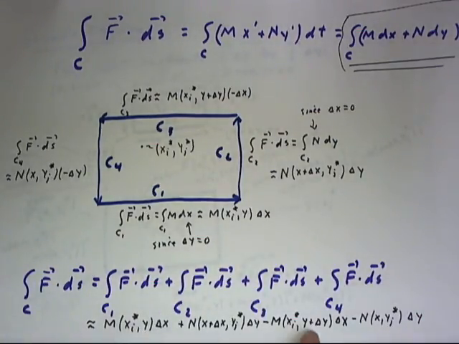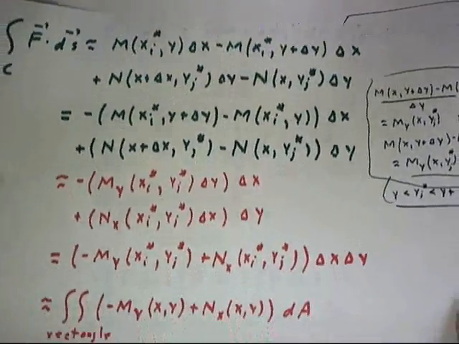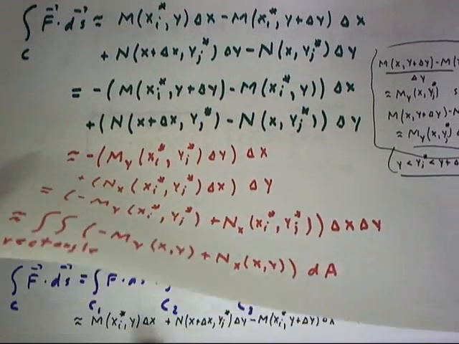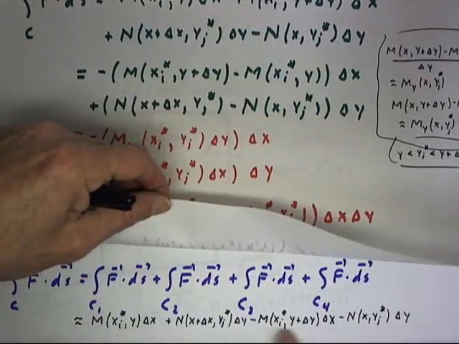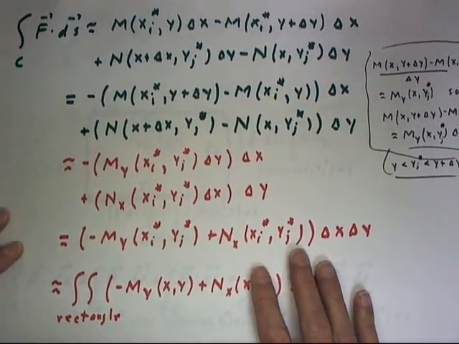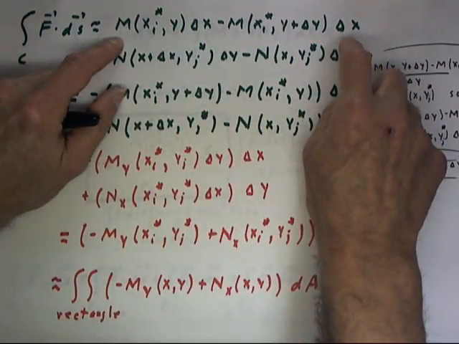Now we're going to rearrange these expressions a little bit. We'll put our two m contributions together, because we can factor a delta x from the m contributions. And similarly, we can factor a delta y from the n contributions. So we write the same expression that we see here, same expression we see here for the integral of f dot ds. And we write it like so.